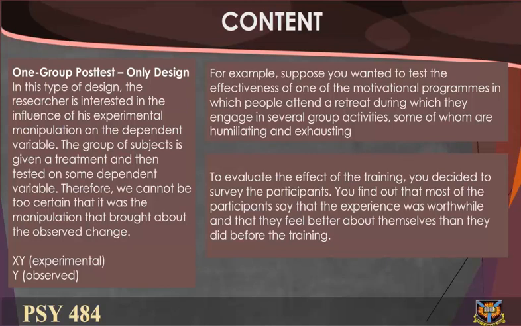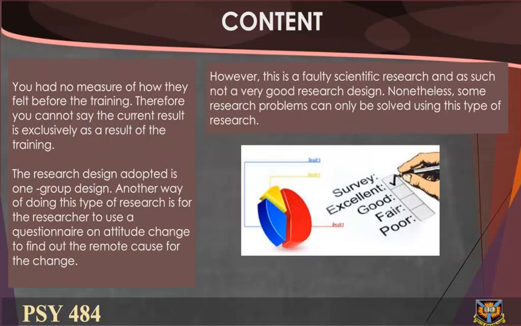You find out that most of the participants say that the experience was worthwhile and that they feel better about themselves than they did before the training. You had no measure of how they felt before the training. Therefore, you cannot say the current result is exclusively a result of the training. The research design adopted is one group design.